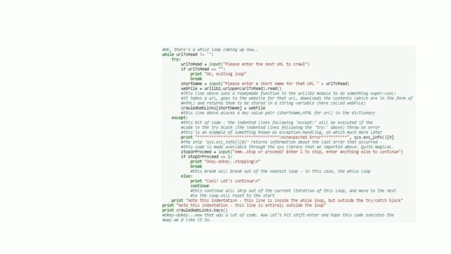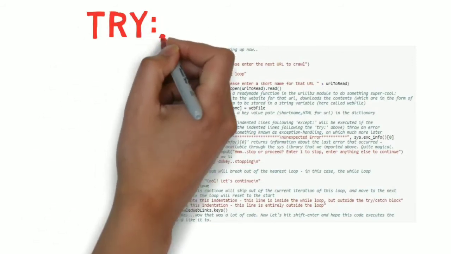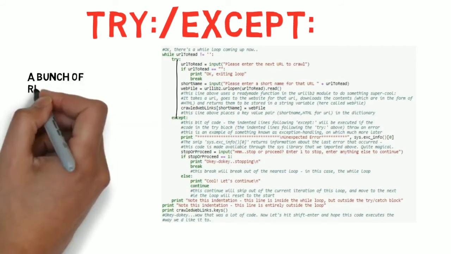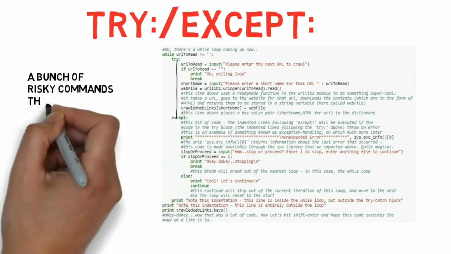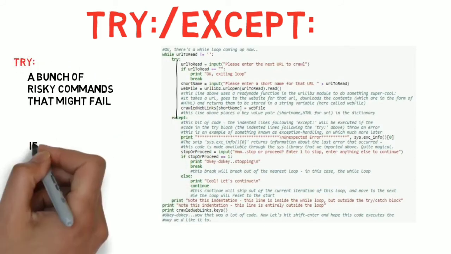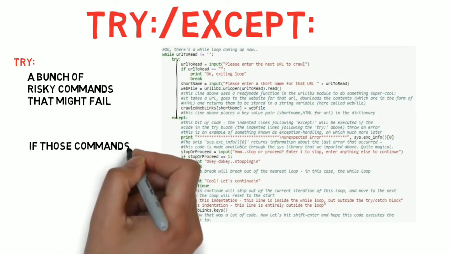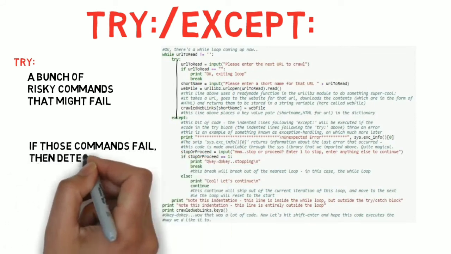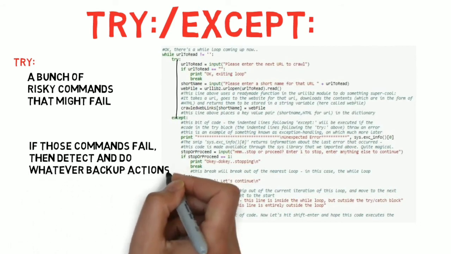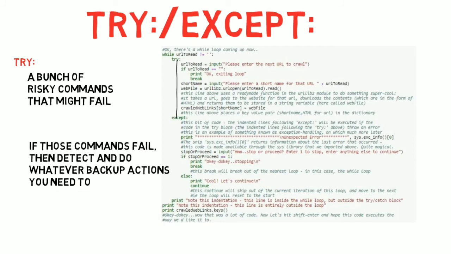Here is that URL parsing code again, but this time with a try-except block. So put all the risky commands which might fail inside your try block. Then if any of those commands fail, tell the program what to do in the except block. So whatever backup action you need to take, you can put it in the except block.